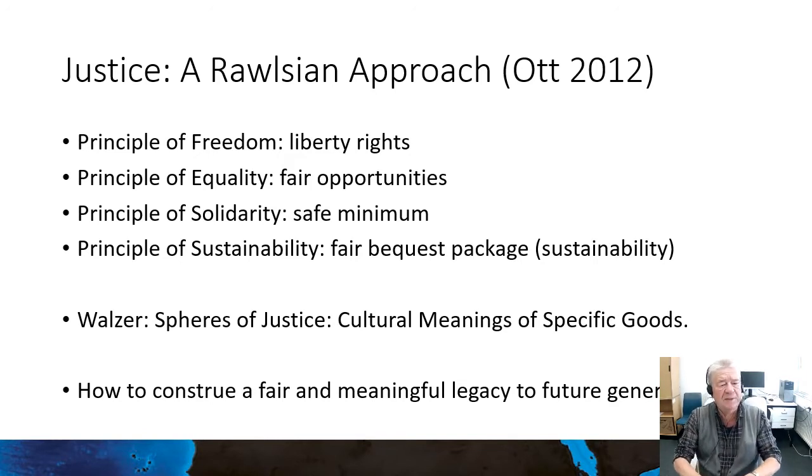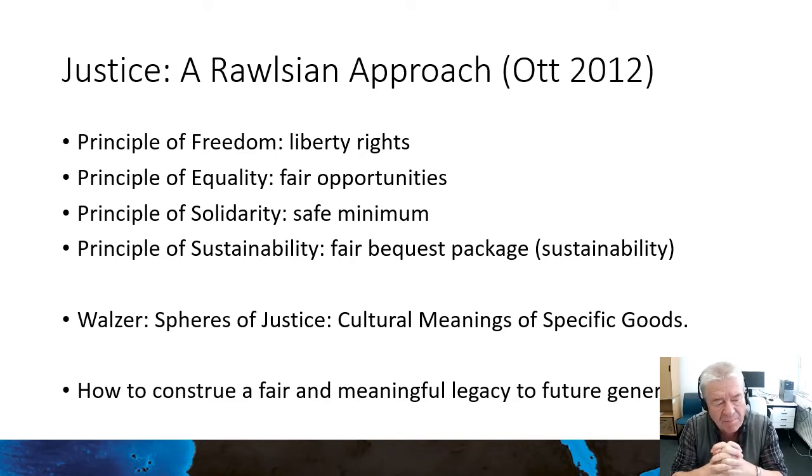As Rawls argues, reasonable persons behind a veil of ignorance will choose a principle of freedom, a principle of equality, and a principle of solidarity, which gives a foundation of a well-ordered society. But, as has often been overlooked, there is also a principle of sustainability in Rawls. It is about a fair bequest package, a fair legacy.